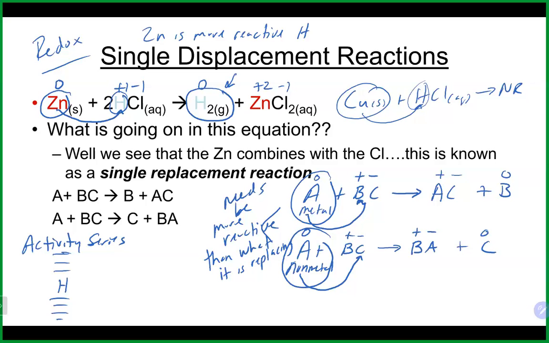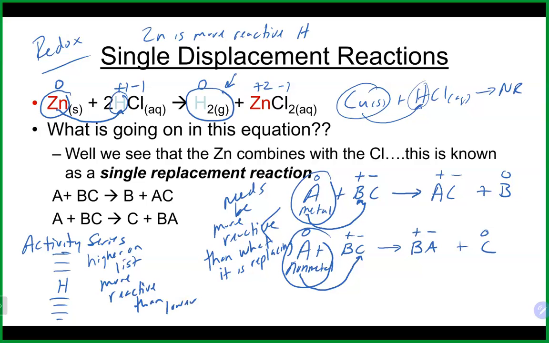And in an activity series like this, anything that is higher on that list is more reactive than anybody lower on the list. So anybody higher on the list will replace anybody lower. Anybody lower on the list is less reactive than higher on the list. So anyone higher on the list is more reactive than lower.